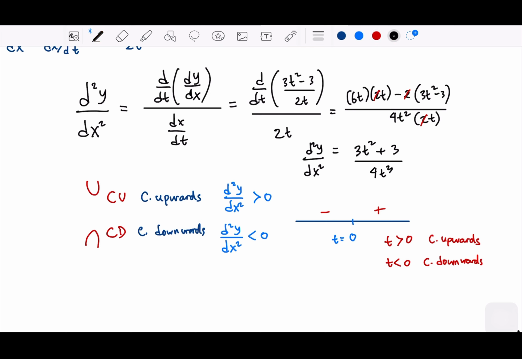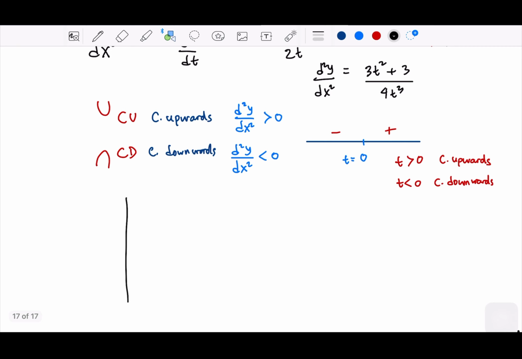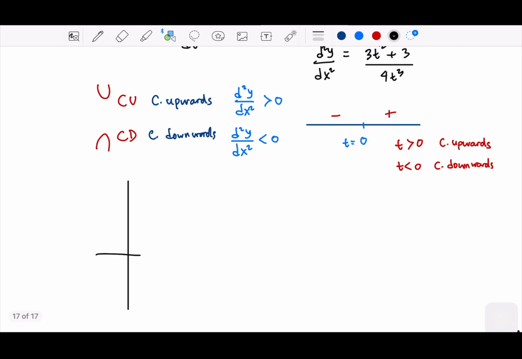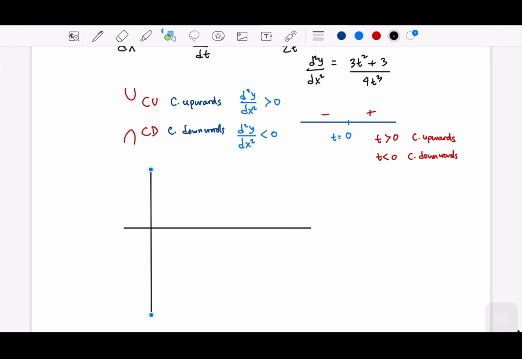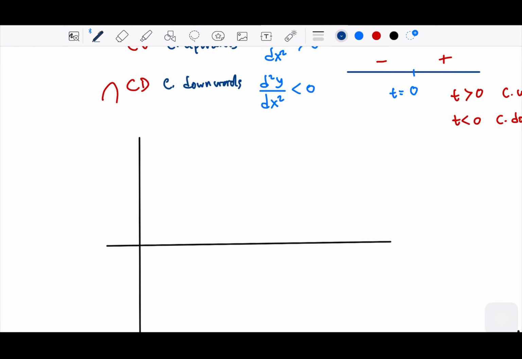I think we can try to draw. Okay, I try my best. I have the original picture, but I'm trying my best to draw here. So at (0, 0), let me just draw with a dashed line to make sure that this is our vertical slope.